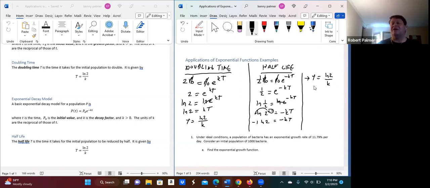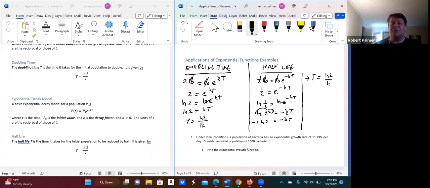So once again, from this, if I know my decay constant, sometimes called a k constant, I can find the time for my half-life, or if I know my half-life, I can find the decay constant. Now, the reason why these are both the same expressions is that these functions are exactly the same, with the same initial value, the same k, the same t. The only difference is that we have a negative in front of this one and a positive in front of this one.